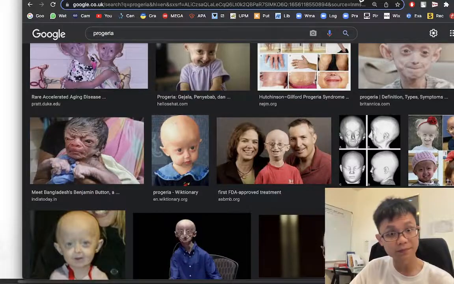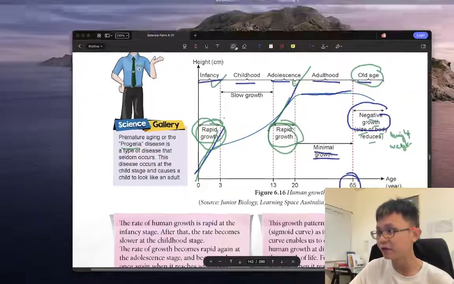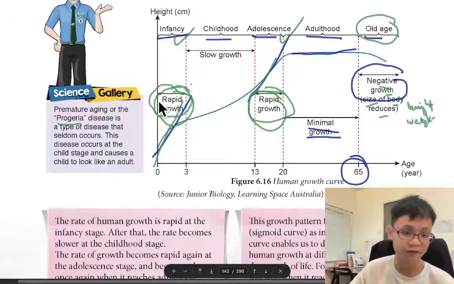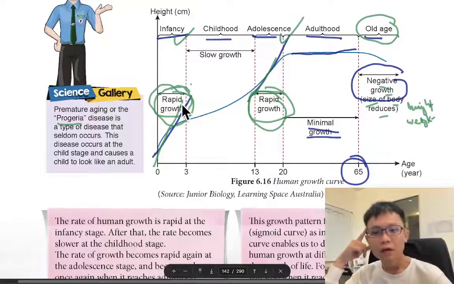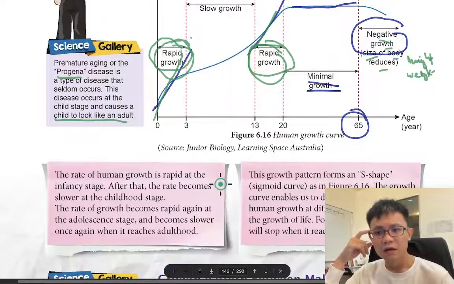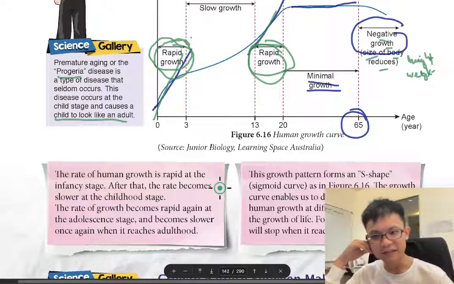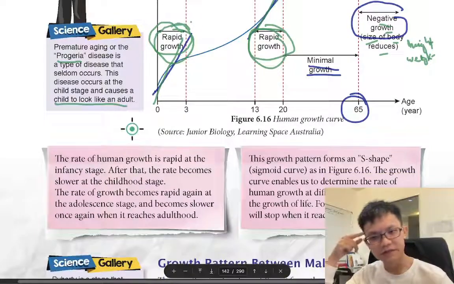But you can check lah, if you are married already, if you want to check, then you can have a check if you want to. So it's a disease that causes a child to look like an adult. But very rare, very rare. Okay, this is very rare, so no need to be so scared.